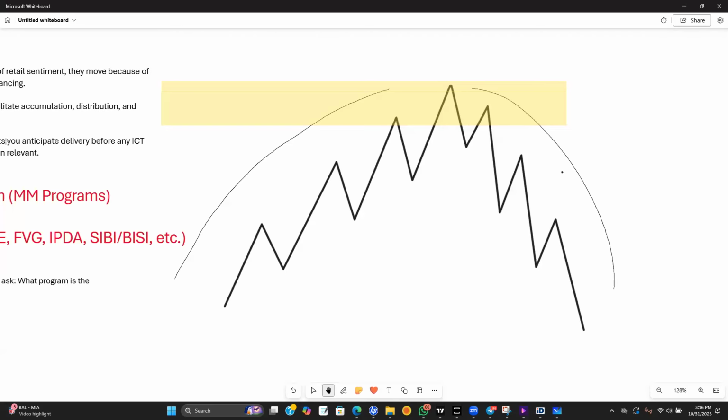So what you guys should understand is that each one of these pullbacks will create a lower time frame sell side of the curve, buy side of the curve, transitions back over to sell side of the curve, buy side of the curve.